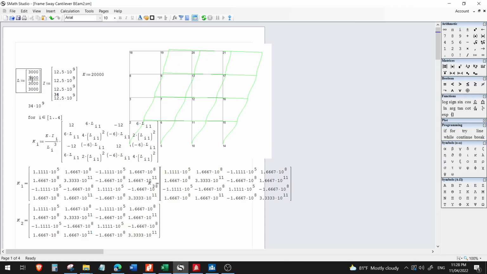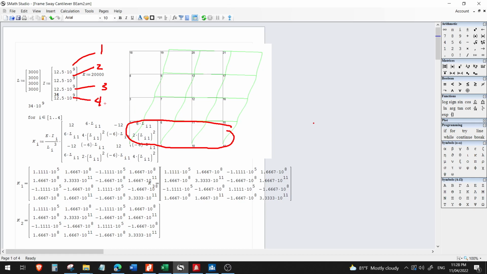So, we input the height of the columns and this is the corresponding inertia of the frame. So, basically that's the inertia of this whole frame. So, that is the inertia of the first story, second story, third story, and then fourth story.